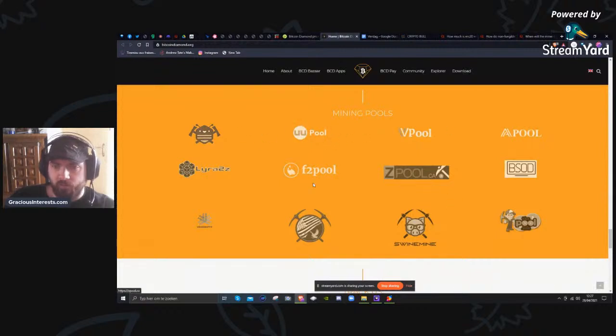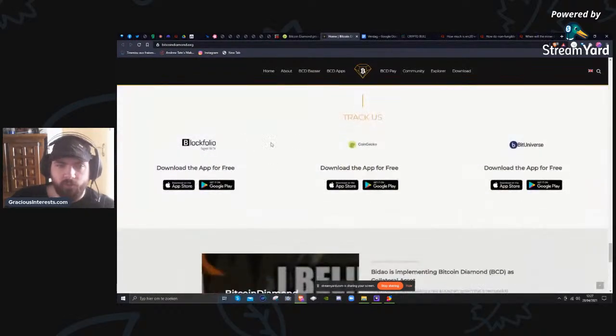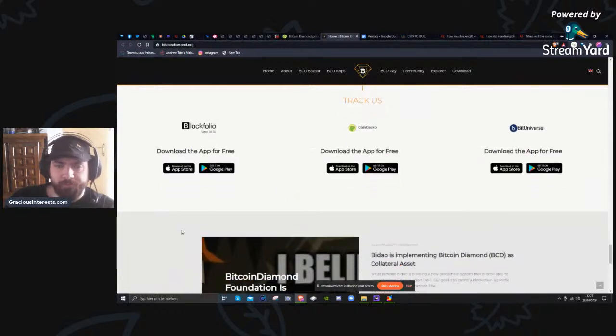Mining pools, okay, that's actually pretty positive, and not too many cryptocurrency projects share the mining pools or immediate links to them. Blockfolio, CoinGecko. So it came in through CoinGecko.